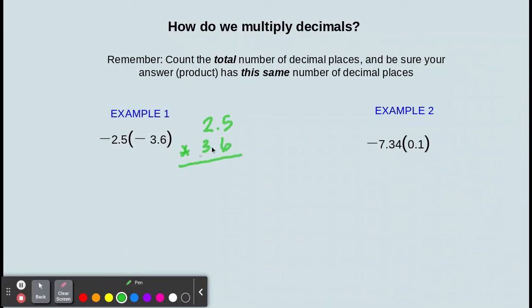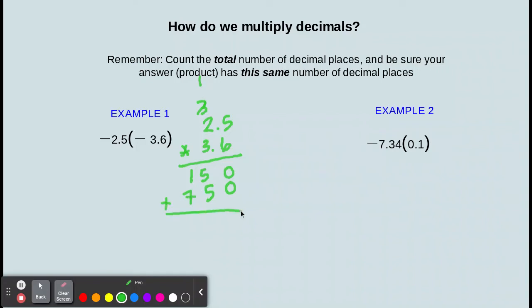At first, we ignore the decimal places and we just do our multiplication as we know. 5 times 6 is 30. 2 times 6 is 12, plus the 3 is 15. We did this 6, so put a 0 there, and now multiply 3 times 5, which is 15. And then 2 times 3 is 6, plus the 1 is 7.